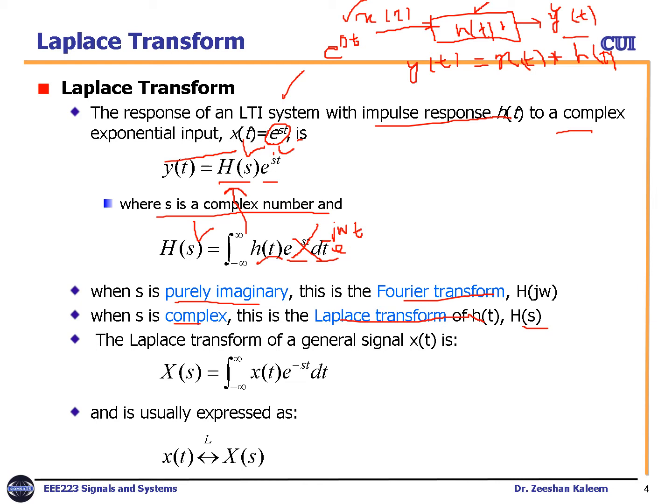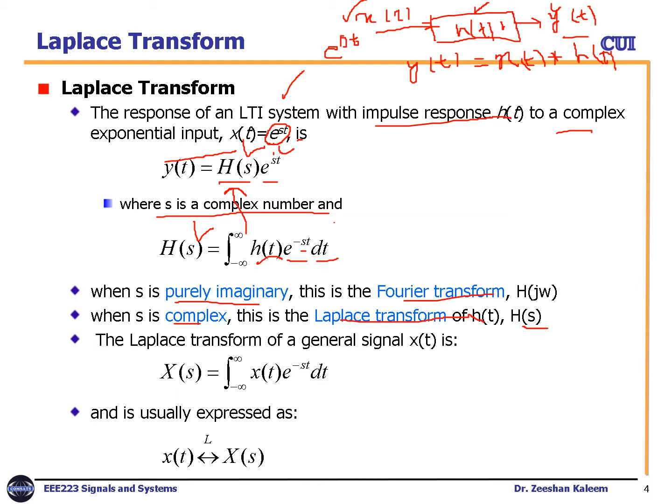So you can find the Laplace transform by using H(s) equal to the integral of h(t) e^{-st}. This is the Laplace transform for the case when s is a complex number.